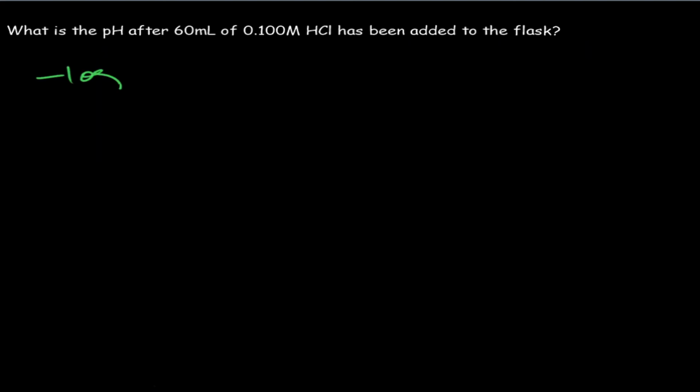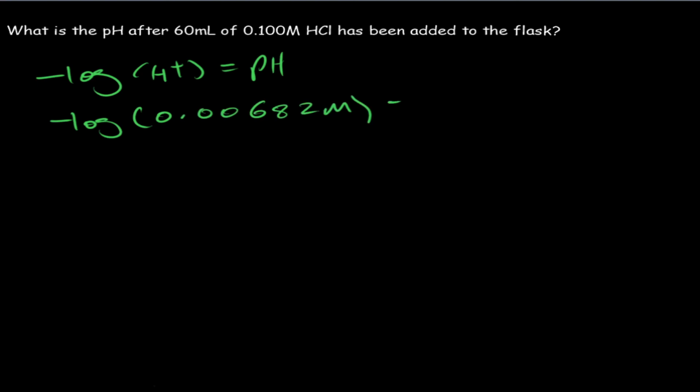So the negative log of our H plus is going to give us our pH. And we calculate the concentration as 0.00682 molar, which gives us a final value of 2.17. So our pH after 60 milliliters of HCl has been added to the flask is 2.17.